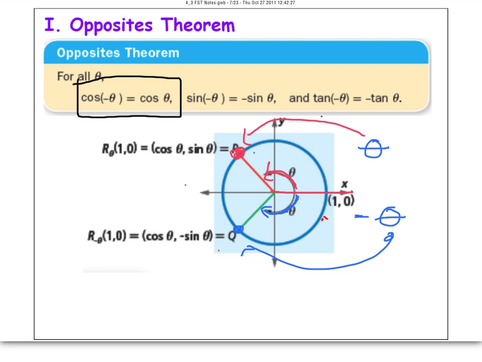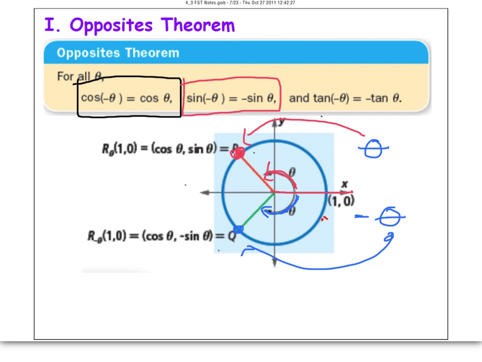Now, let's look at the sine values. Sine just means the y movement. Look what they've said here. If I find the sine of my negative angle, so my negative angle is this guy, it's going to be equal to the opposite of the sine of the positive angle. This was the positive angle, and that's the sine.